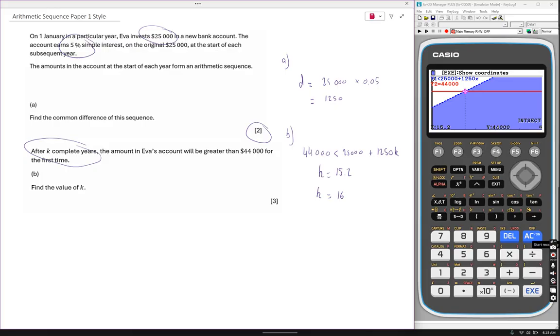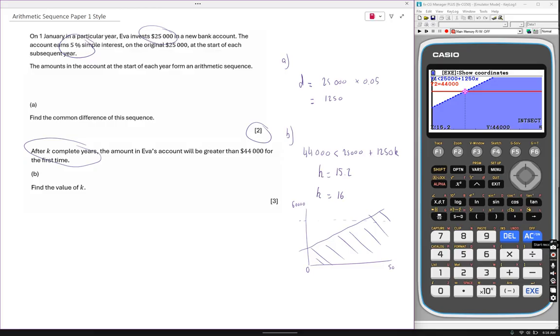So you should show in your calculator a nice little sketch of this inequality. You would need to label these things nice and accurately, and then I would shade that region. Now you're going to need to label your axis points. So we're going from 0 to 50, and from 0 to, let's say, 60,000.